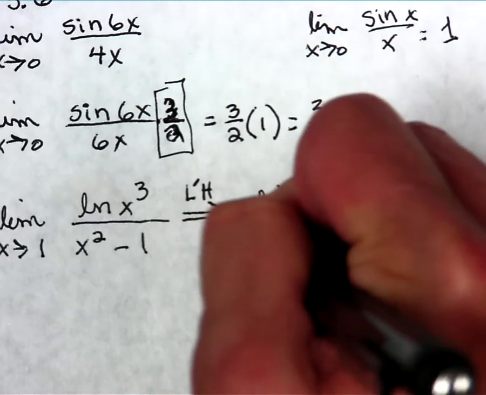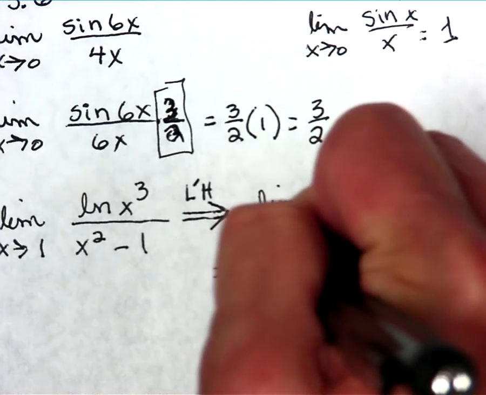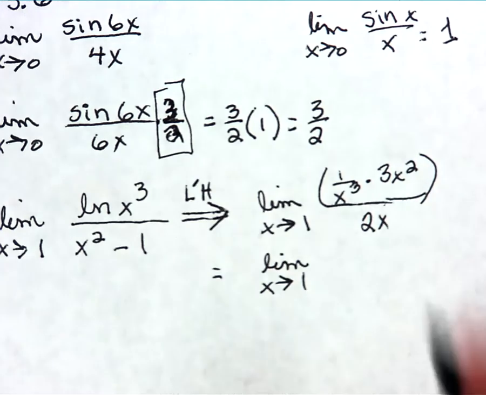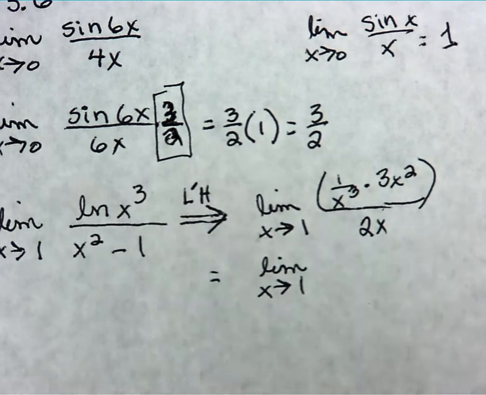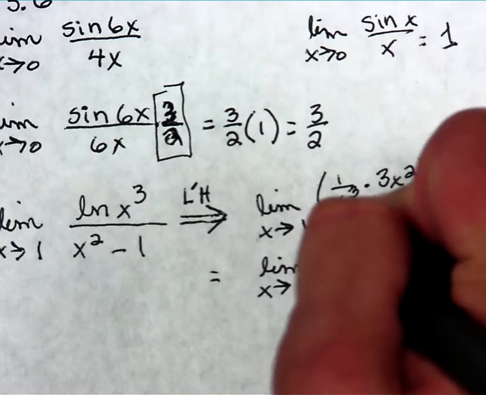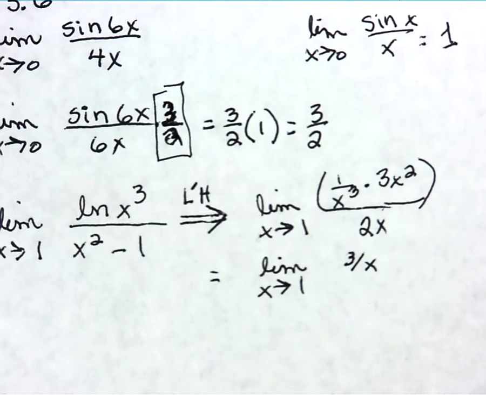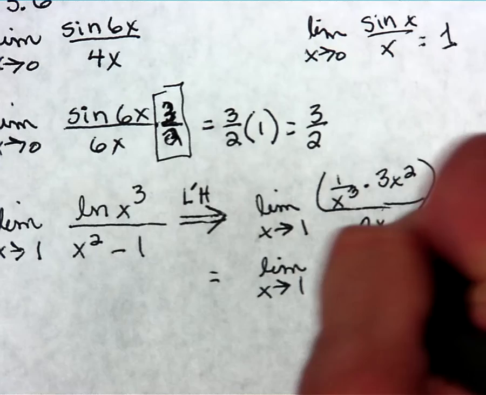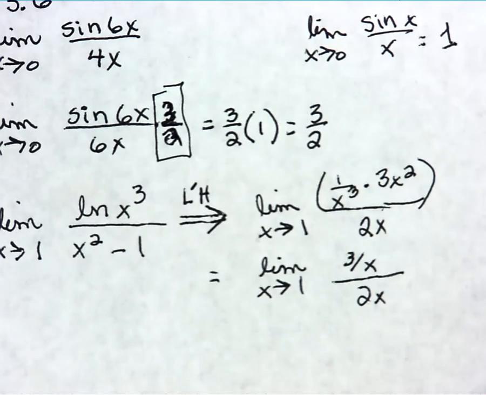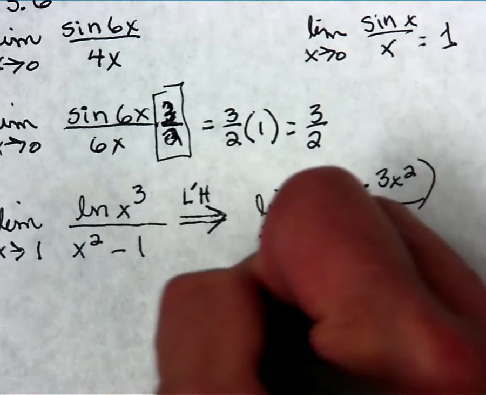So, as many steps as I need to write down to get the right answer. That numerator cleans up to be just what? Or 3 over x, right? Over 2x. And then what does that clean up to be?